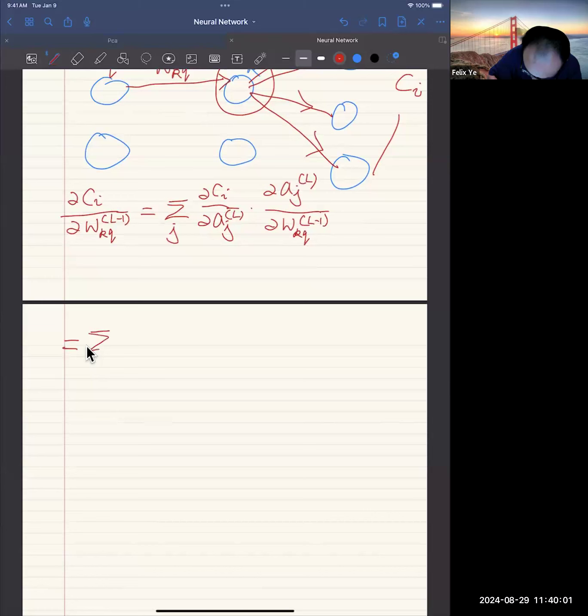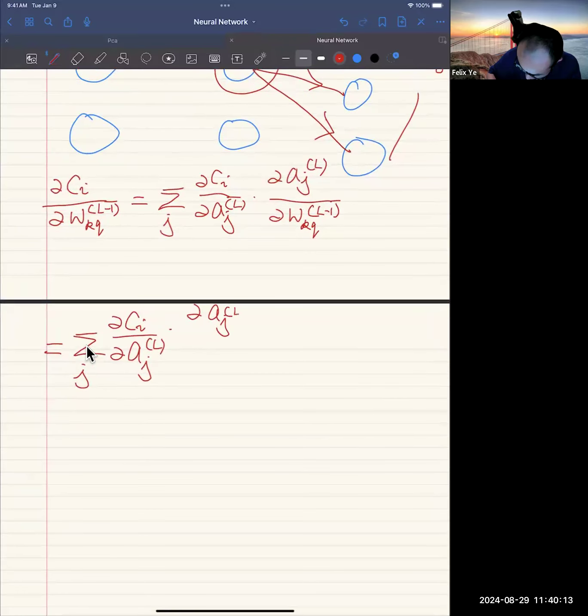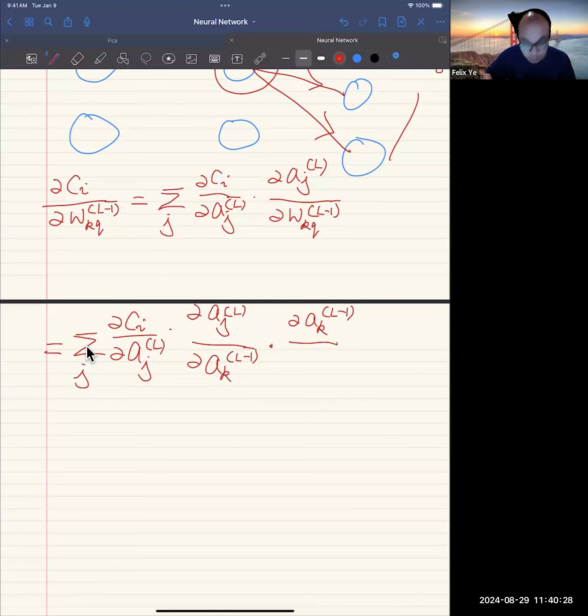So this is the summation over J of partial C_I, partial A_J^L, partial A_J^L, partial A_K^(L-1), partial A_K^(L-1), partial W_KQ^(L-1).